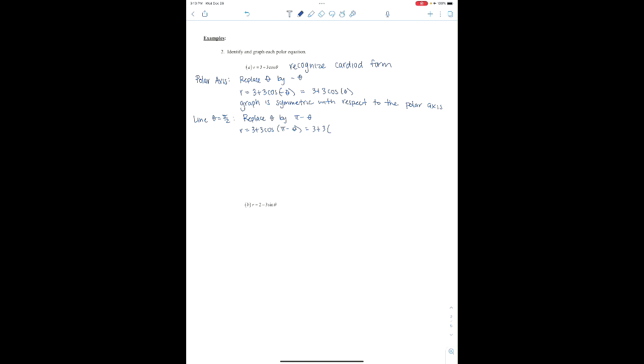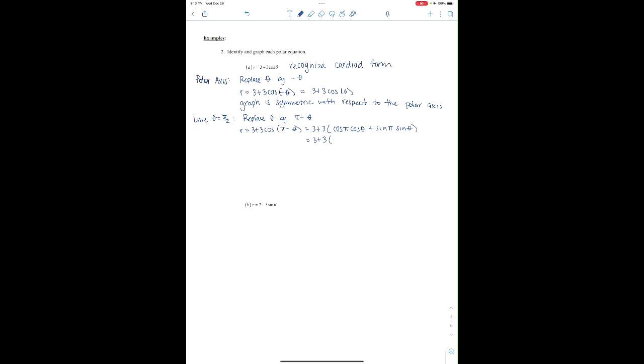So cosine of pi minus theta, we can rewrite as cosine pi cosine theta plus sine pi sine theta. Now, let's simplify this. Cosine of pi is -1.